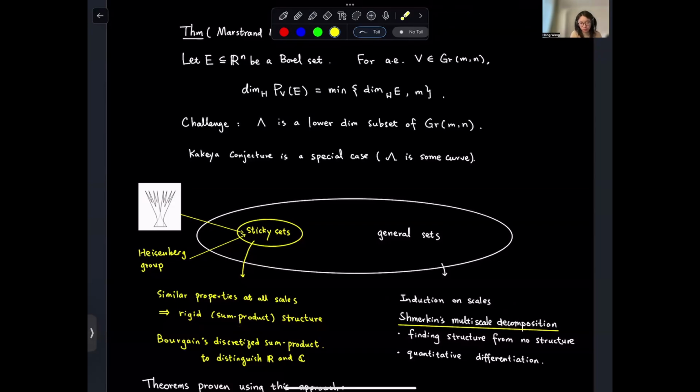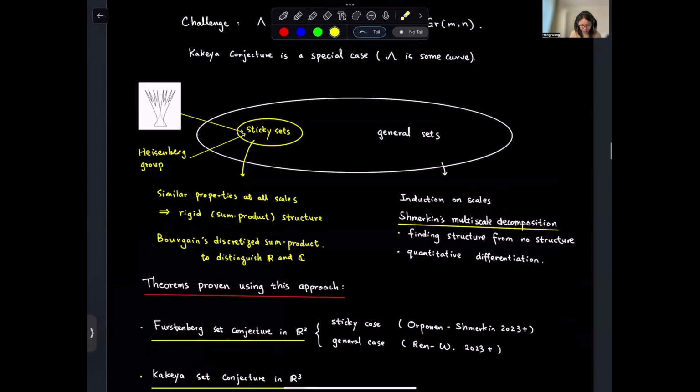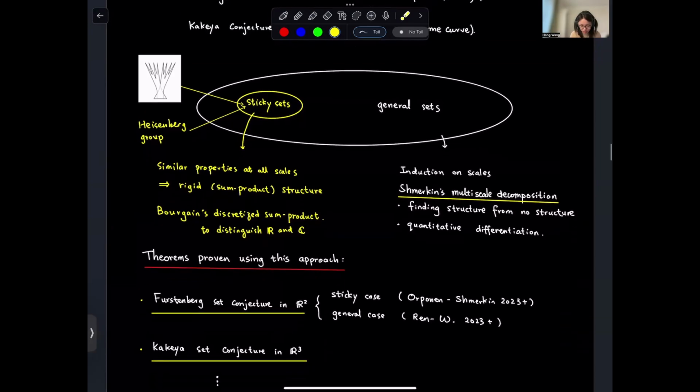I learned it from Tao's blog, and for some other problems, I learned it from a paper of Thomas. So let's look at some theorems proved using this approach. So far, there are not that many, but hopefully in the future there will be more theorems. The first one, I shouldn't say the first one, because there are also some other theorems prior to this one that use a similar approach.